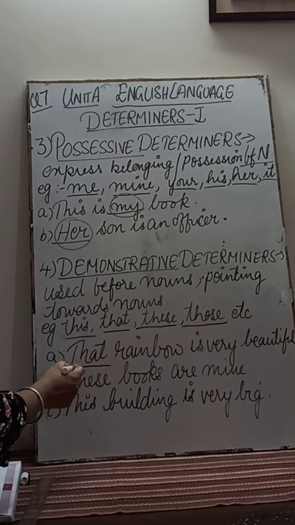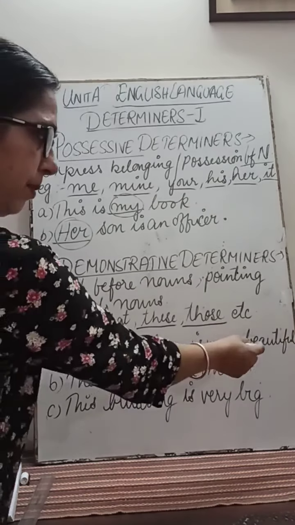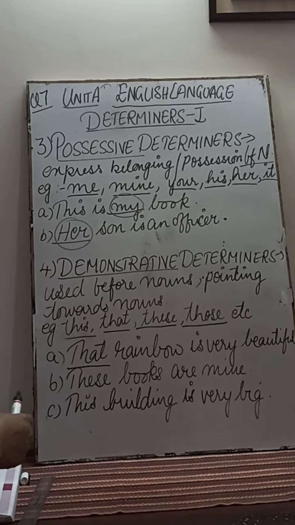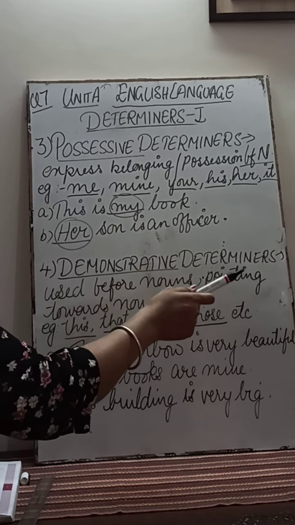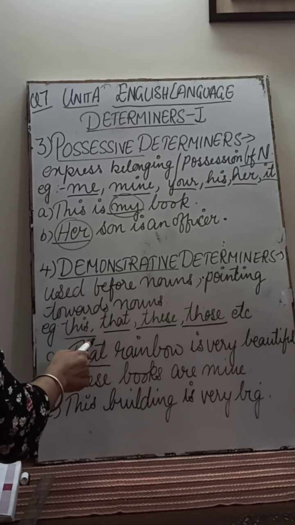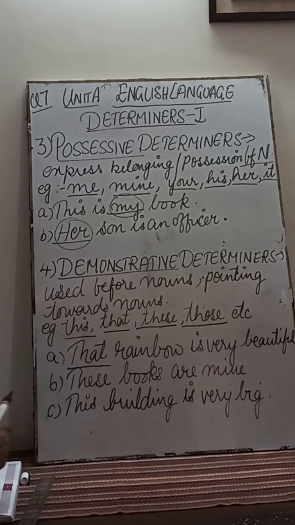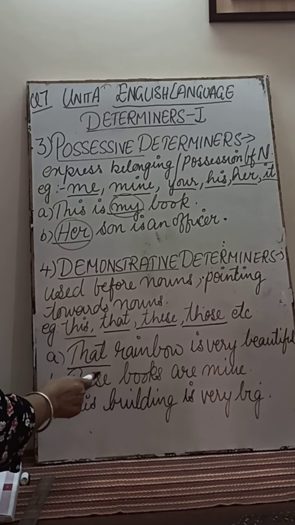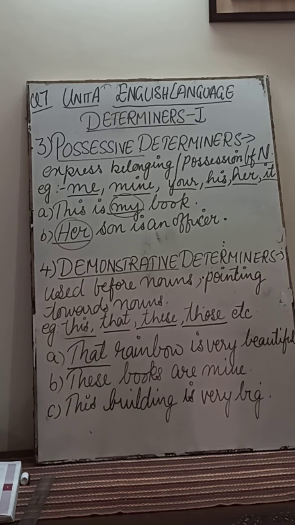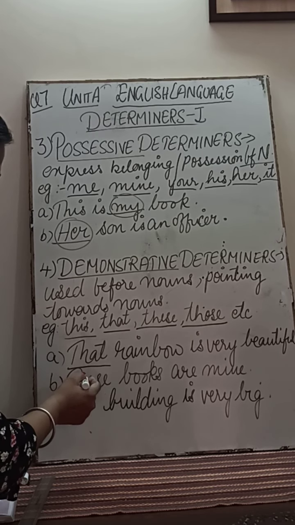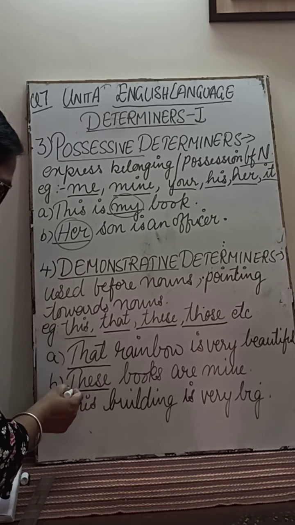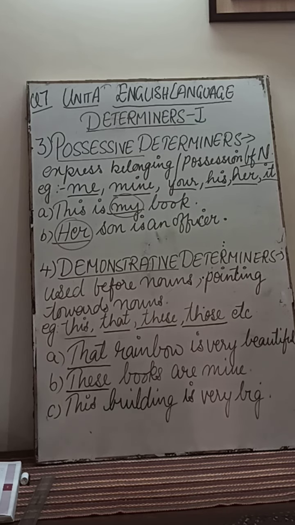That rainbow is very beautiful. Now we are pointing towards which rainbow? That rainbow. So that is the word over here which is a demonstrative determiner. Now the second example, these books are mine. Whose books? These books. Which books? These books are mine.